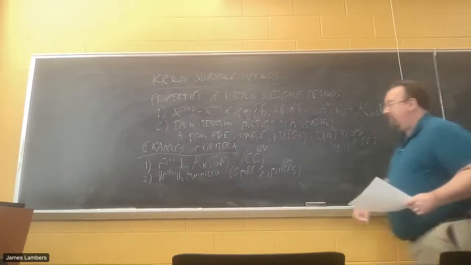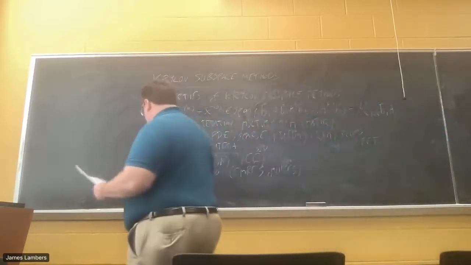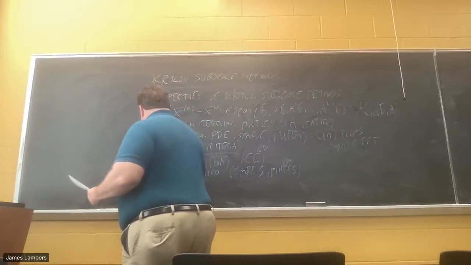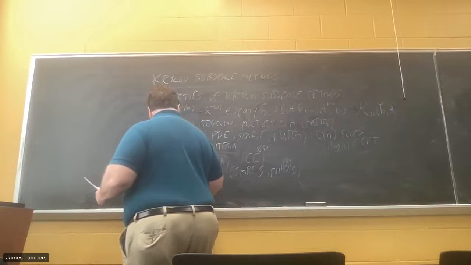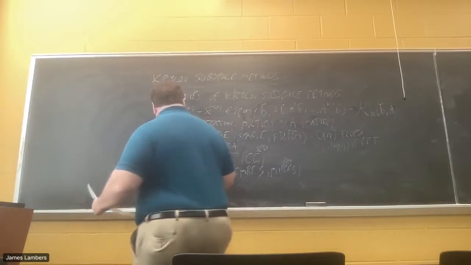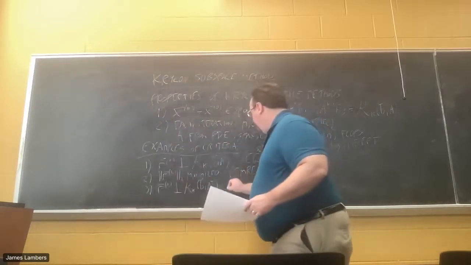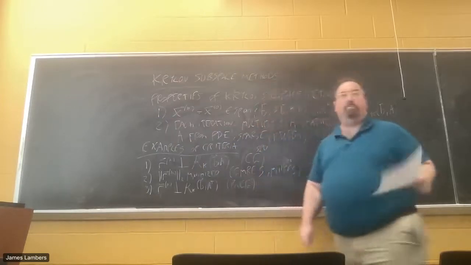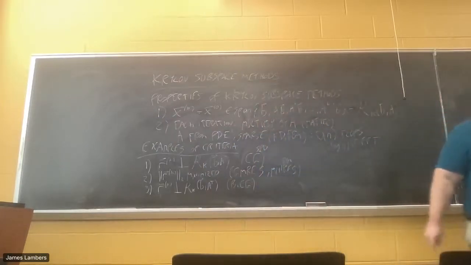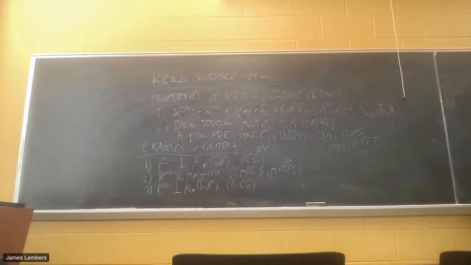Another criterion, which is related to the first one, is that each residual is orthogonal to a Krylov subspace generated by A transpose. And this is for a close relative of conjugate gradient, BiCG, biconjugate gradient, which is a generalization of conjugate gradient for non-symmetric systems.